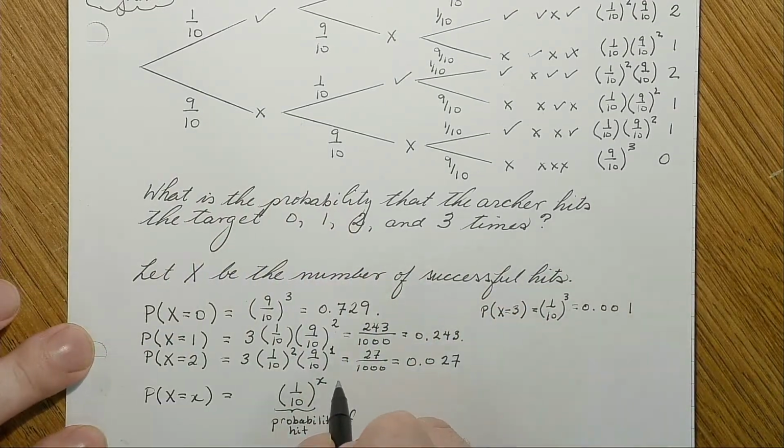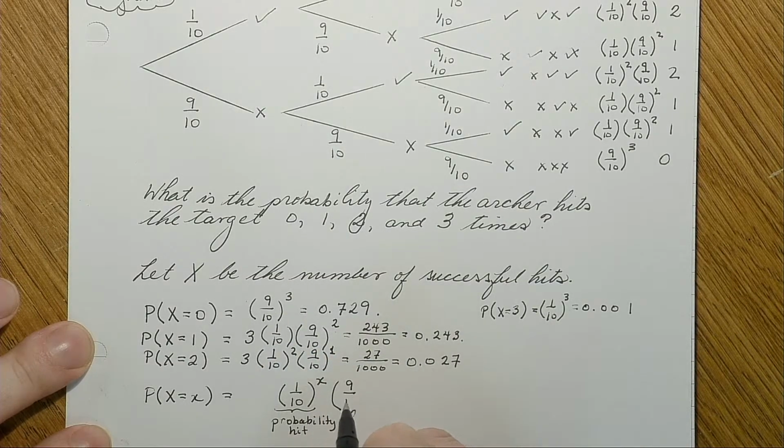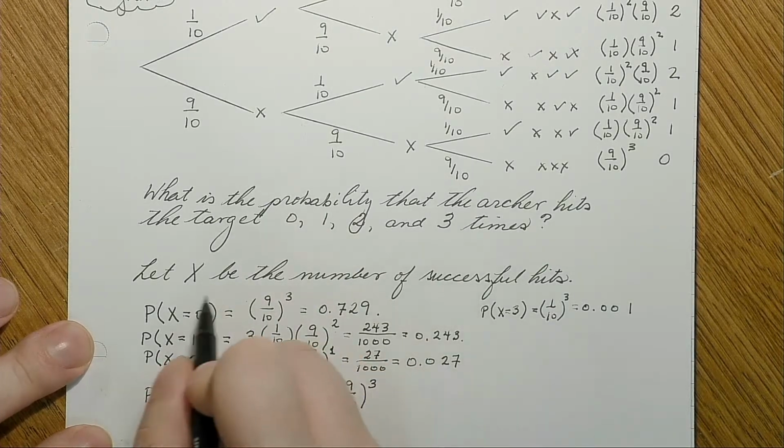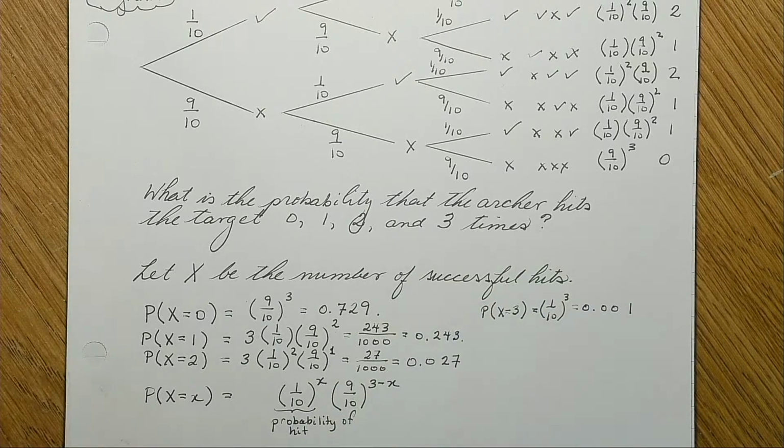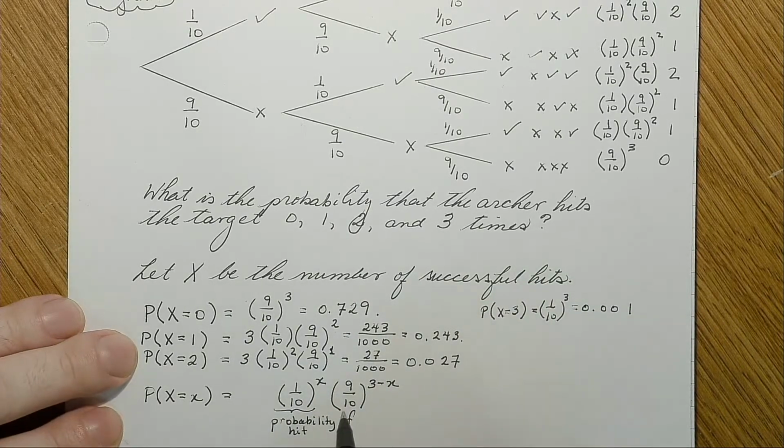So what we can do then is we'll say it's 9/10 to the 3, that's when it's 0, and we're going to subtract x. Here's the probability of a miss.